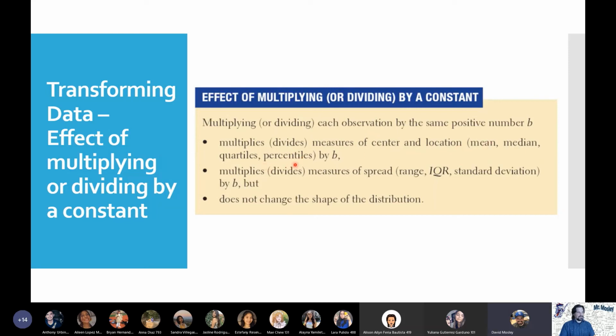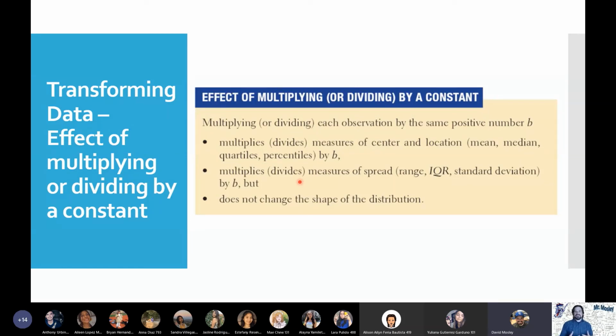Mean, median, quartiles, percentiles, all of those are multiplied by the number, as well as the spread. Measures of spread will also be multiplied. The range, IQR, and standard deviation are all multiplied by that same number.